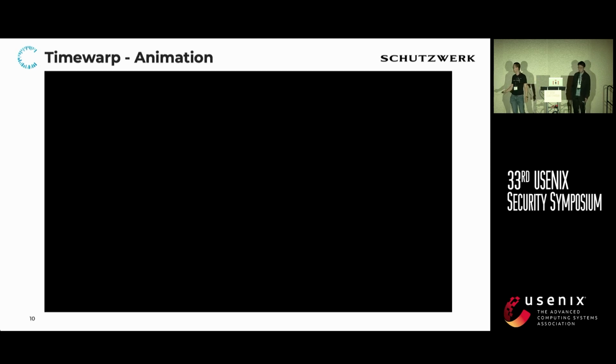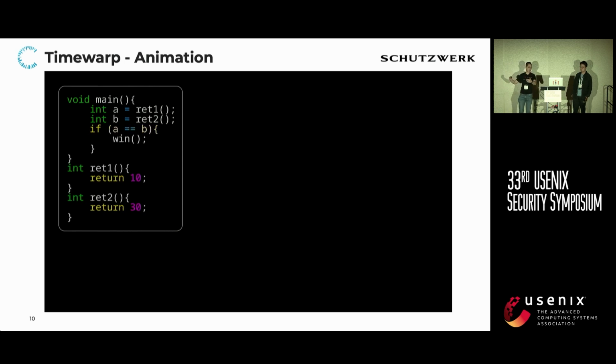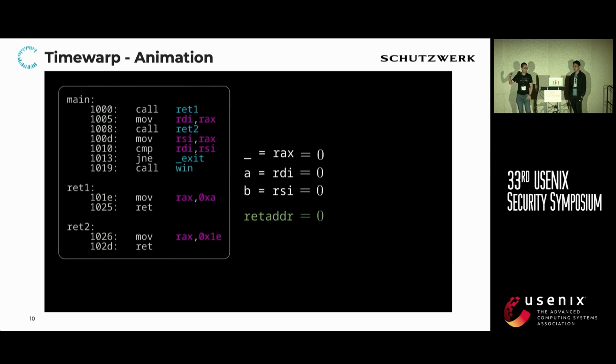Here's an animation to explain. On the left side, you see our code. If A is equal to B, we just win, but A will return 10 and B will return 30. This is the assembly code. Now let's step through it. So first we call ret1. This will set the return value to 10, and we will return from the function and write this value into A. Then we call ret2, and here's where the magic happens.